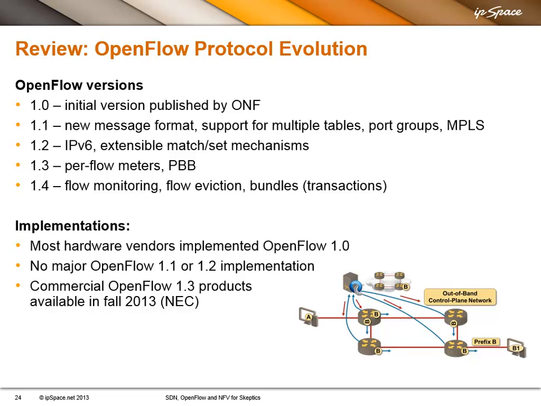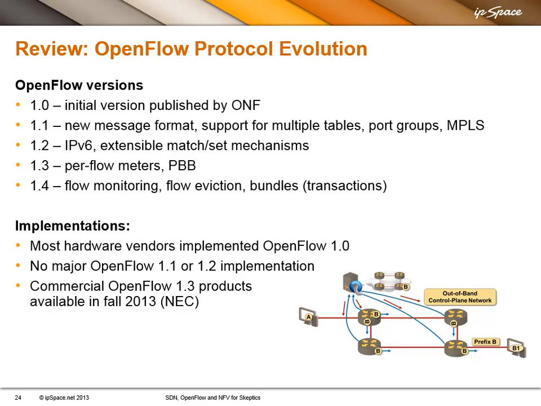In 1.3, they introduced support for provider backbone bridging, but more importantly, 1.3 contains metering on individual flows. So you can implement counters on individual flows and report what individual flows are doing. And then 1.4 has flow monitoring, flow eviction, transactions, and so on and so on. So you see, OpenFlow is progressing nicely from an initial proof of concept to a really usable protocol.